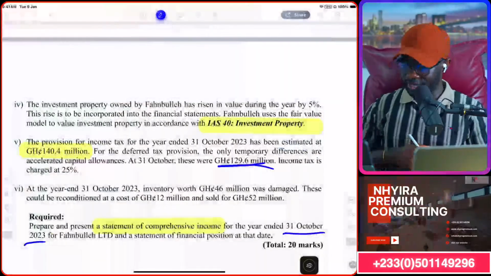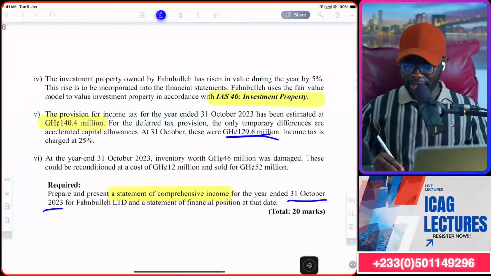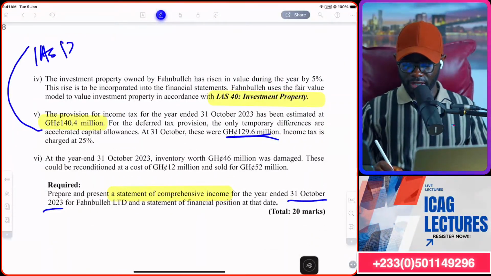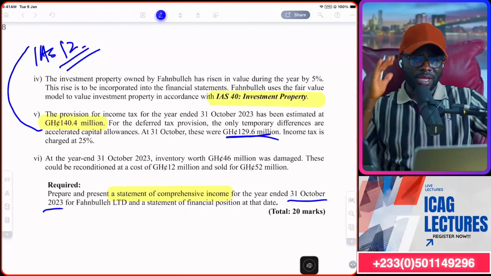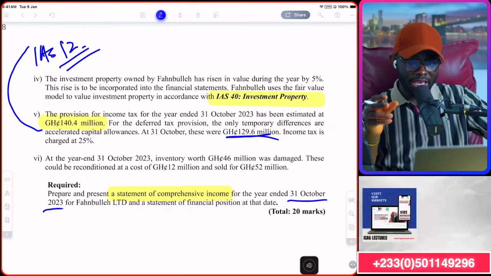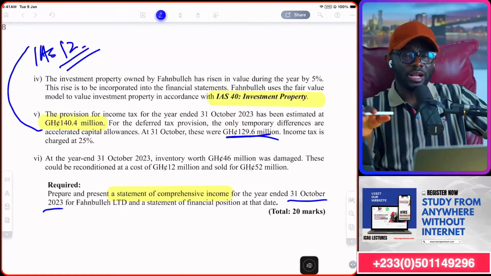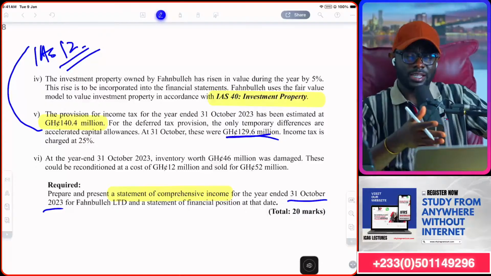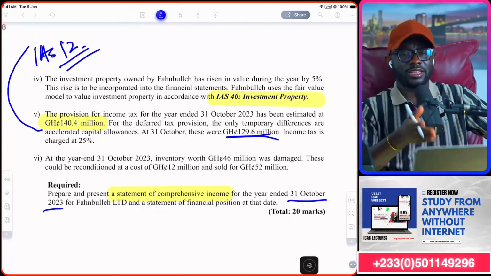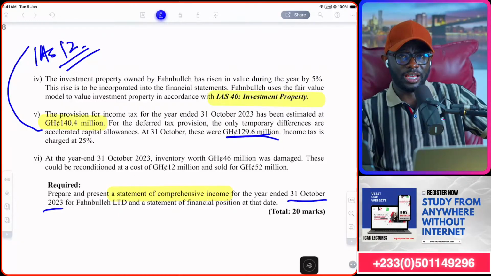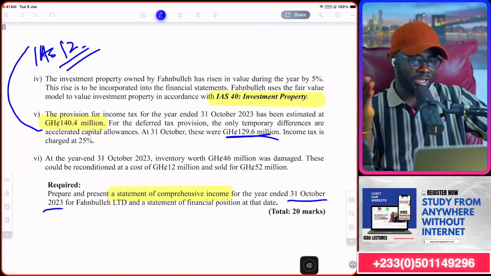That is the idea about Note V, IAS 12, income tax. It's a regular customer that you are going to be seeing with IAS 16 coming in when it comes to dealing with the single entity financial statement. Whether you are doing cash flow, you've seen it, statement of profit or loss, and financial position, you've seen it.